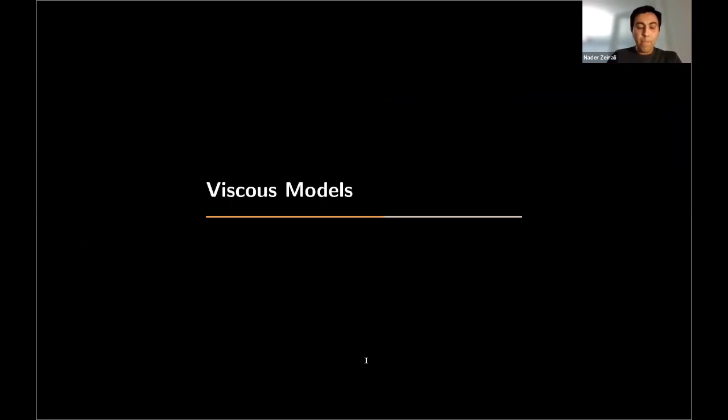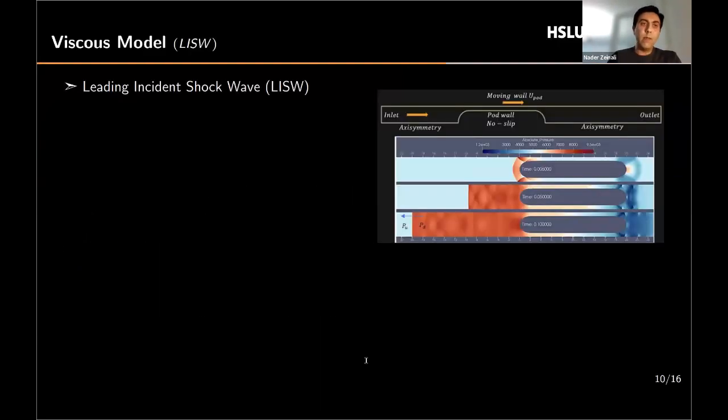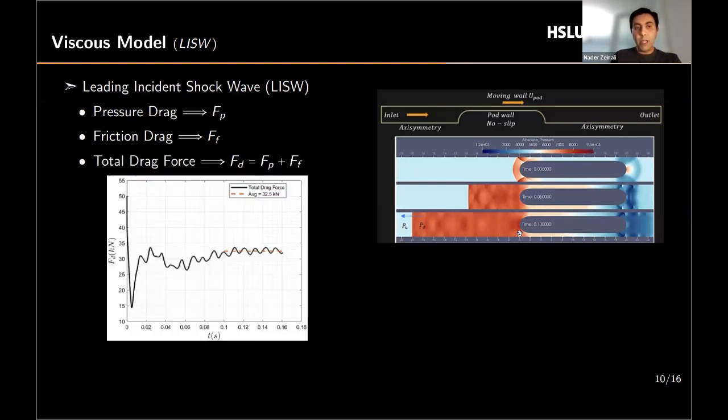So the second model that we use is the viscous model, where we add viscosity into our equations. We change the boundary conditions of the wall, and you can see the solution for three different time steps. The thing is that for the viscous model, in addition to the pressure drag, we are able to calculate the friction drag due to axial shear stress acting on the pod. And the summation of these two drag forces gives us the total drag.